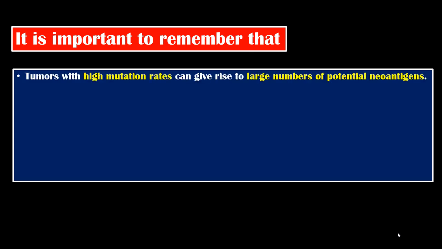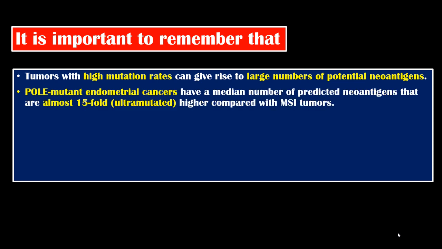It is important to remember that tumors with high mutation rates can give rise to large numbers of potential neoantigens. POL-mutant endometrial cancers, that is ultramutated, have a median number of predicted neoantigens that is almost 15-fold higher compared with MSI tumors.